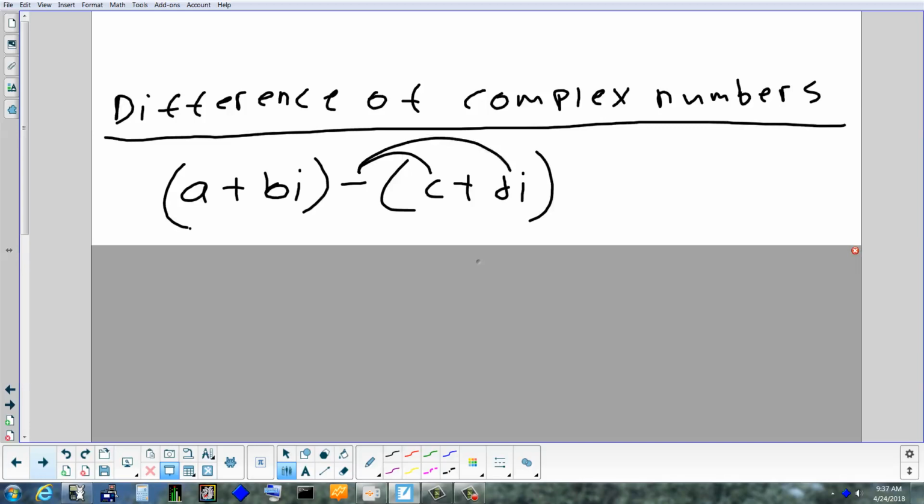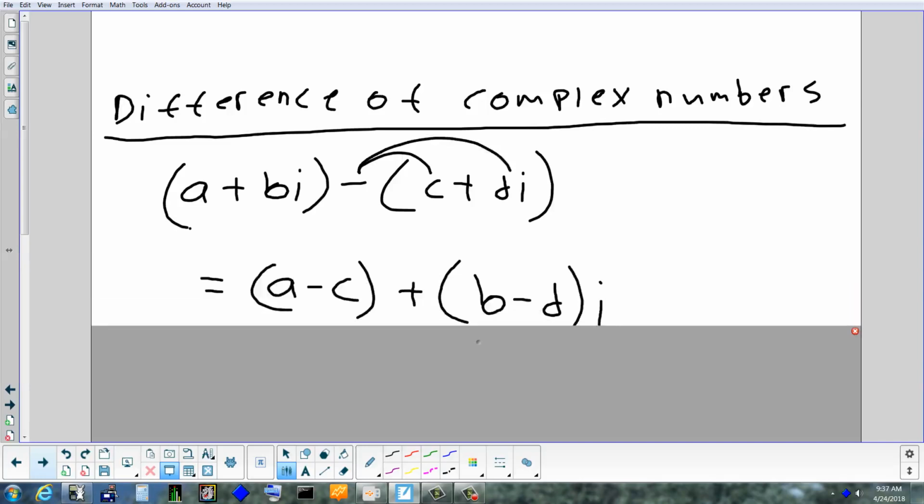So when you do the calculation out, it's a minus c. So you have to subtract those two. But then the part some people forget is you have to subtract the other two. b minus d. And then we put the i next to it. Okay, so remember that that minus applies to both the real and the imaginary part in the second number.